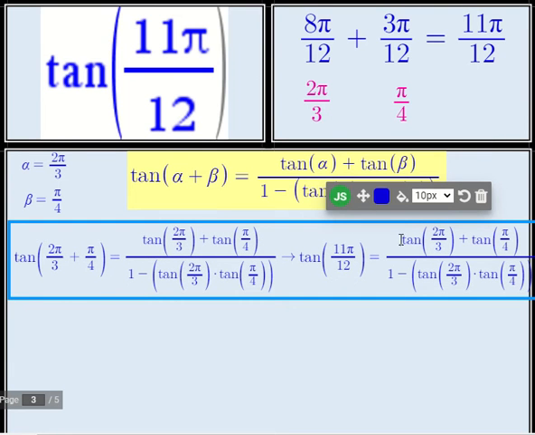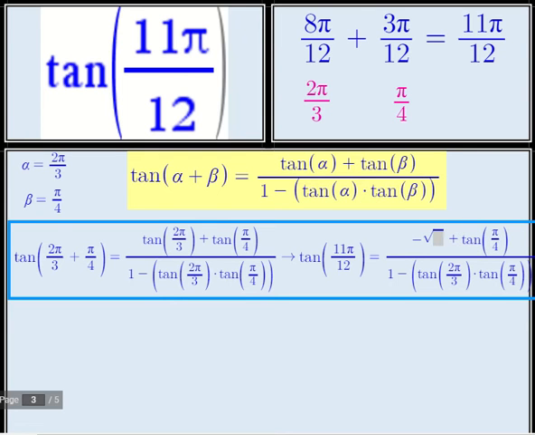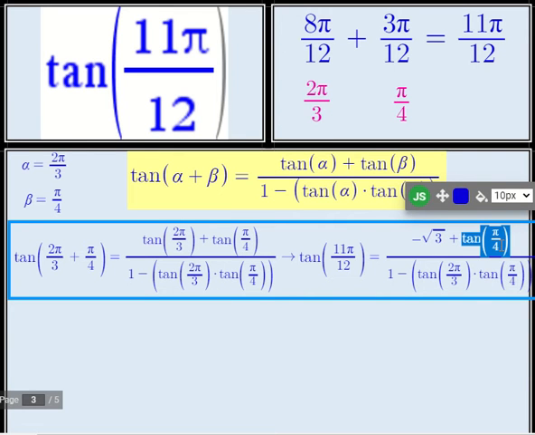Now, the tan of 2 pi over 3 is just negative radical 3. And what we really like about those pi over 4s is that the tan of pi over 4 is just 1. So that made that a nice, easy number.